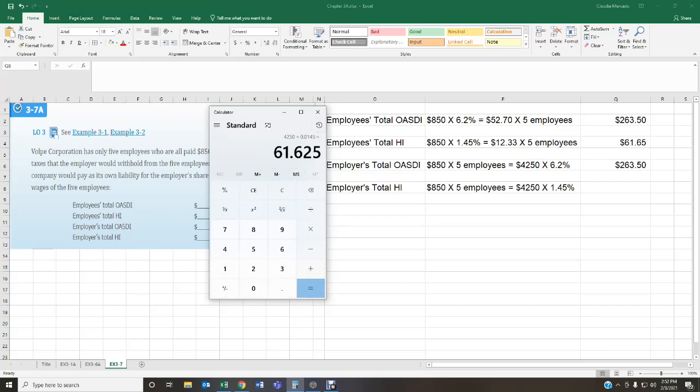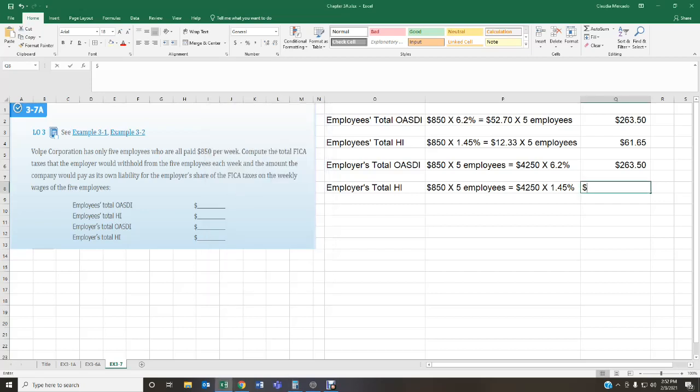Because the third digit is a 5, I'm going to round that second digit up, so it'll be $61.63. See, so there's a difference. It's the same number of employees, the same rate, but for the employee's HI, it's $61.65, and for the employer's HI, it's $61.63. It's the manner of how we calculate.